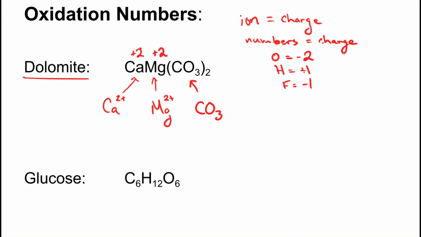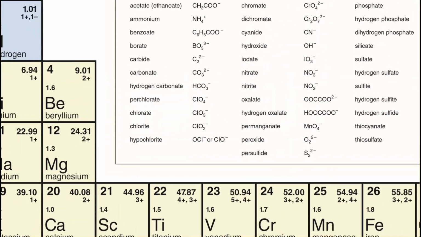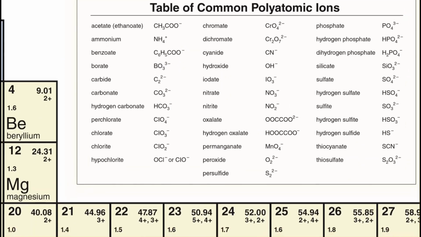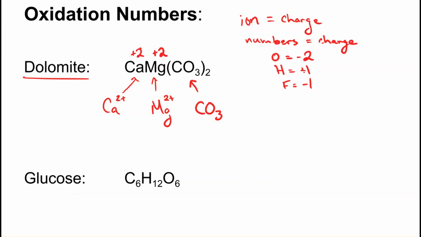So let's look at carbonate. A carbonate ion is right here. Carbonate, CO3 2-. So that means that the whole carbonate ion has to add up to be -2.